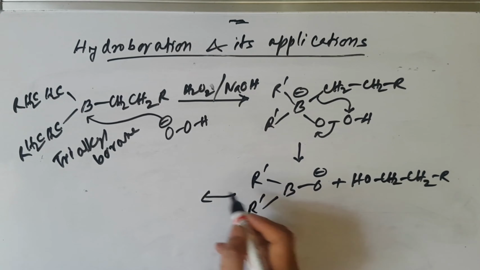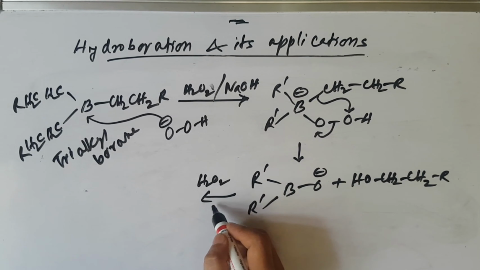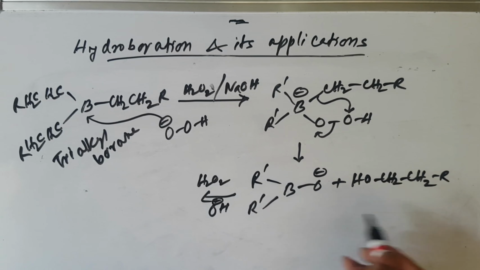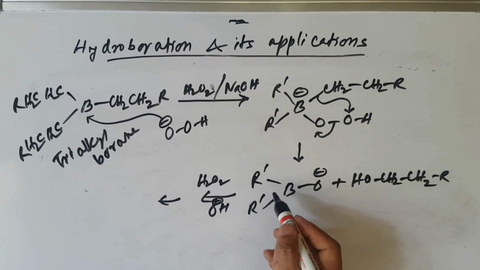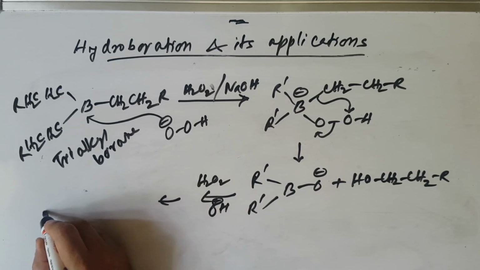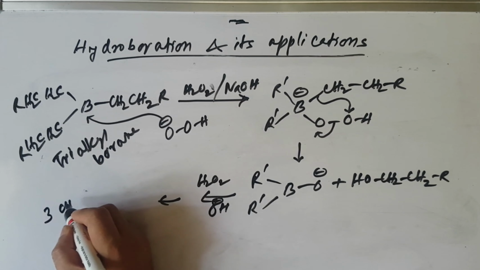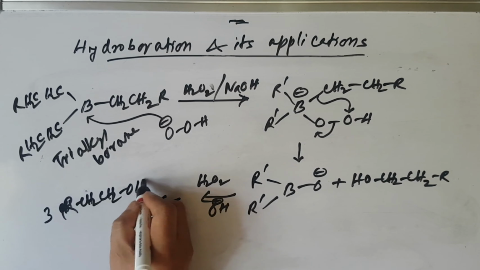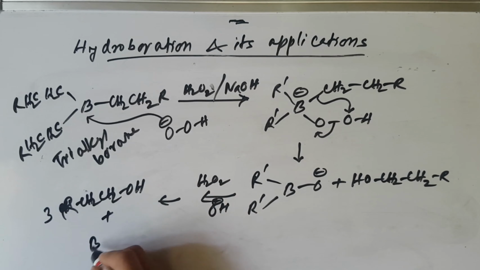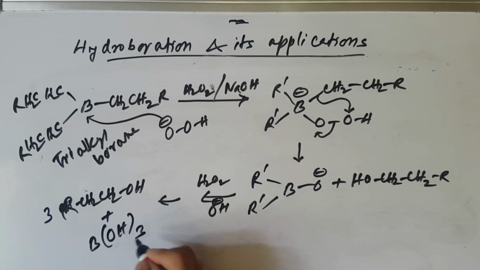You get 3 molecules of R CH2OH, and finally this will be replaced by B(OH)3, hydroxyboron.